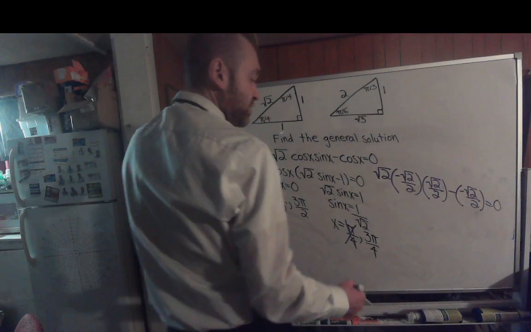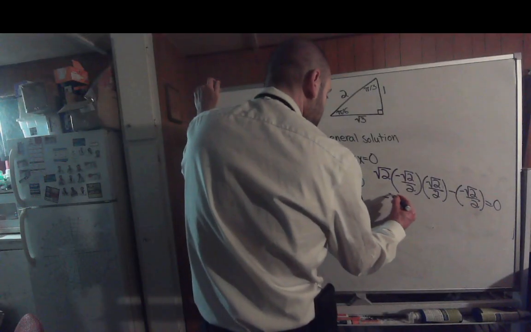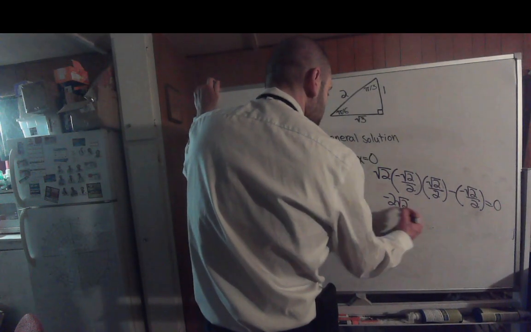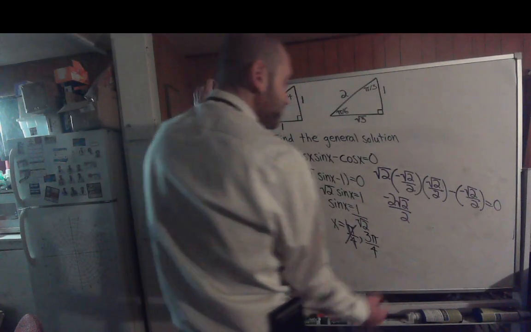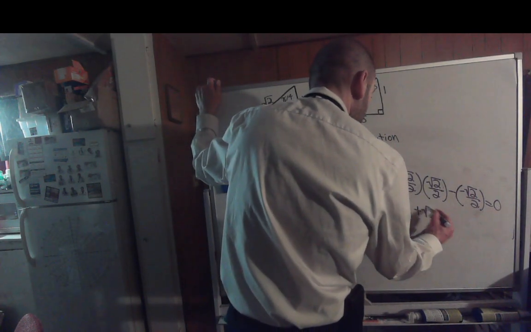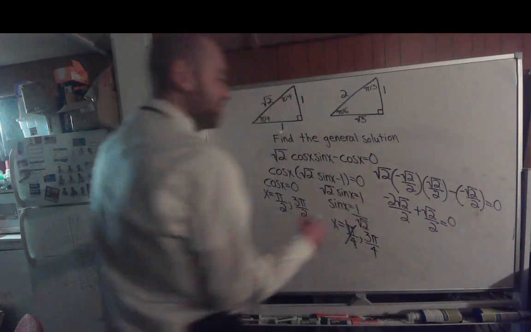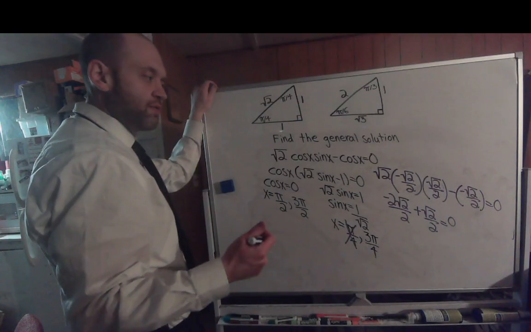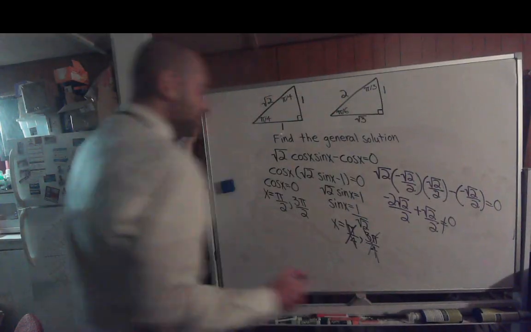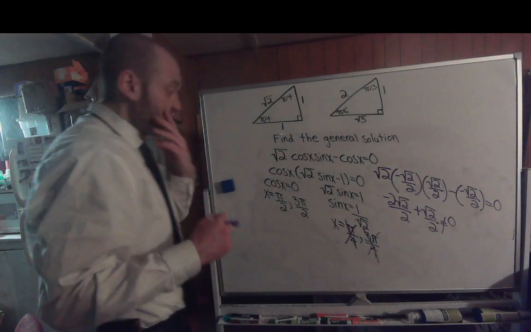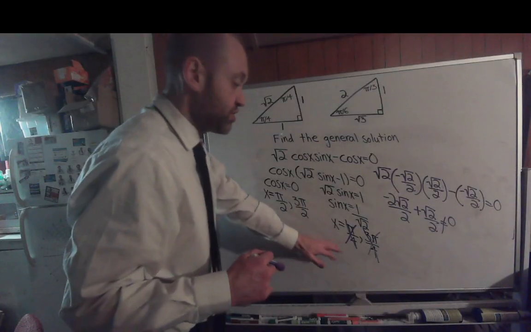That'd be minus negative of the square root of 2 over 2. See if it equals 0. So you would end up getting negative 2 times the square root of 2 over 2 plus the square root of 2 over 2 equal to 0. Well, that would give you negative of the square root of 2 over 2 equal to 0. We know that's not true. So your solutions for the sine of x part do not hold.